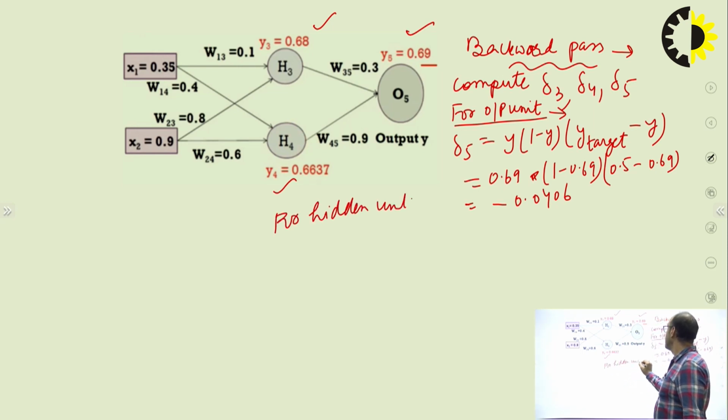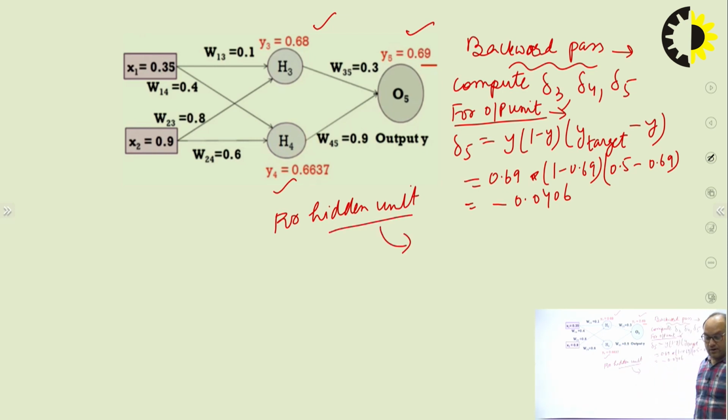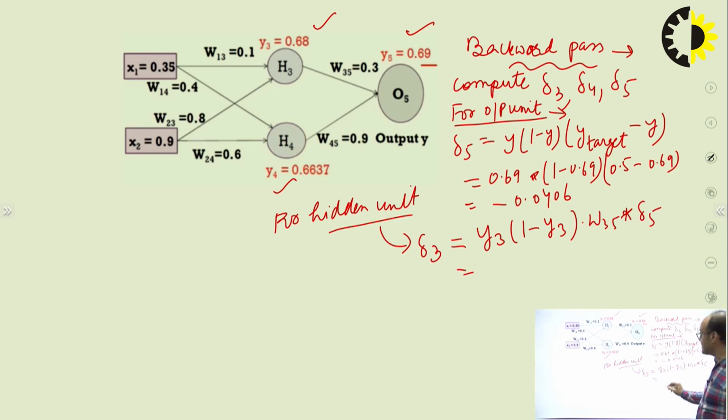Then we will check for the hidden unit. After putting the values in the hidden unit equation, the value will be calculated for delta 3: y3 times 1 minus y3, multiplied by w35, multiplied by delta 5. After putting in the respective values, I will get minus 0.00265.